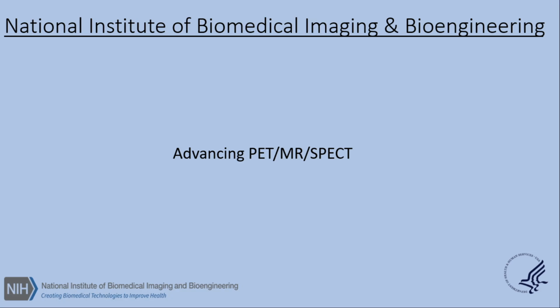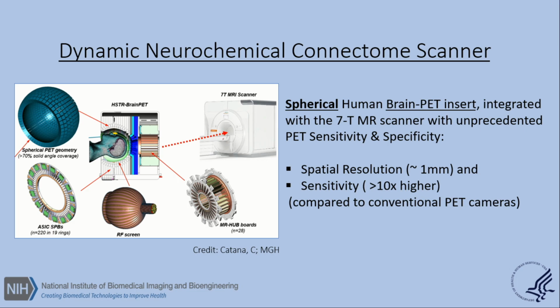Now, we also have a program in nuclear medicine and PET. As you know, you've probably heard of the 7T connectome machine that I think we pay for. It's at the MGH, and it's basically trying to get all the pathways of the brain. We don't necessarily understand what's going on, but we're at least getting a map of what it is. That's the first thing you do. And you can improve the information by adding a SPECT or brain PET insert.